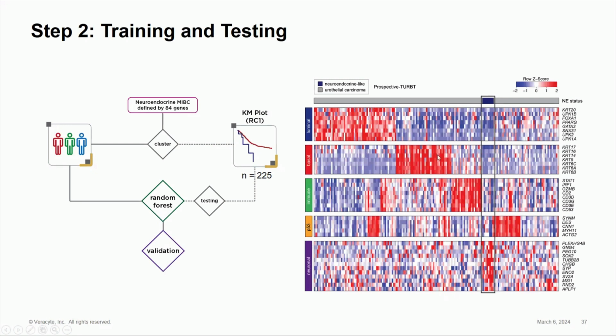There would normally be groups along the top, but I really want to just highlight the neuroendocrine population. And for those of you who aren't familiar with heat maps, basically on the columns, each of these represents a patient tumor. And on the rows, each of these represents a gene. So you can see we've grouped them into modules here for luminal and basal.